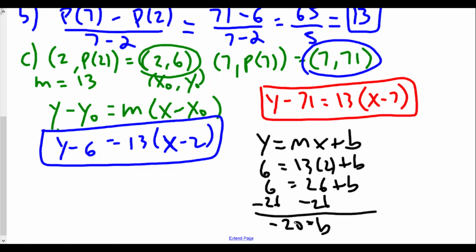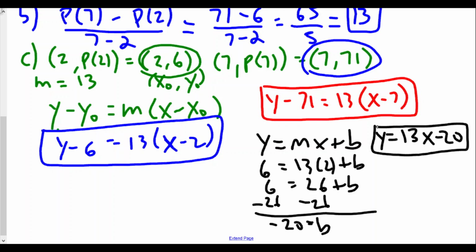So the slope is 13, so mx plus b, so b is negative 20. This would be the third way to write this equation of a line.